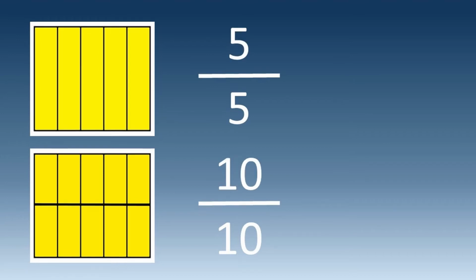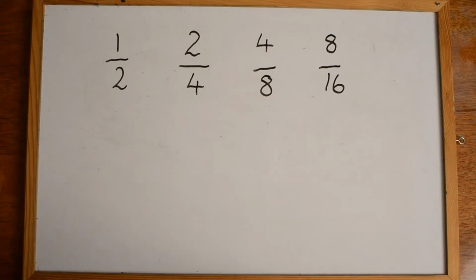And finally, 5 of the top ones are shaded, that's the whole block. And that's equivalent to 5/5 is equivalent to 10/10, which is also the whole block. And both of those are equivalent to one whole.